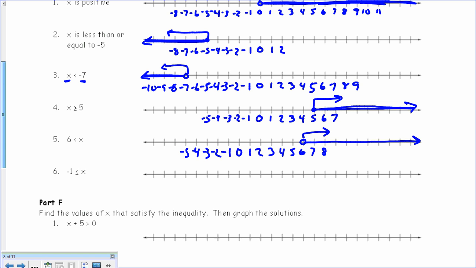All right, let's put 0, -1, -2. Okay, so -1 is less than or equal to x, meaning x is bigger. So what circle are we going to have at -1? Open or closed?